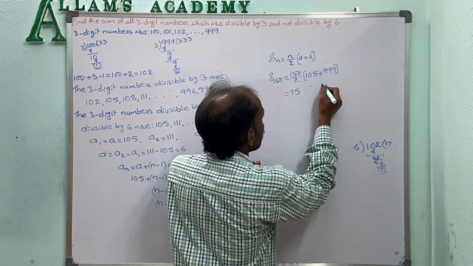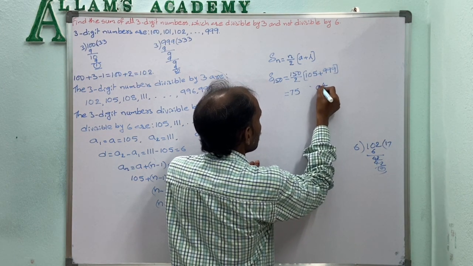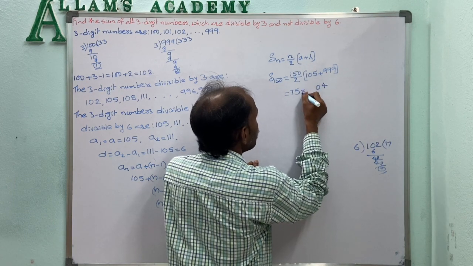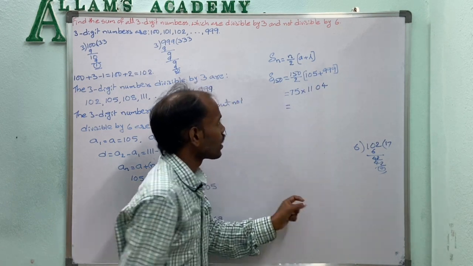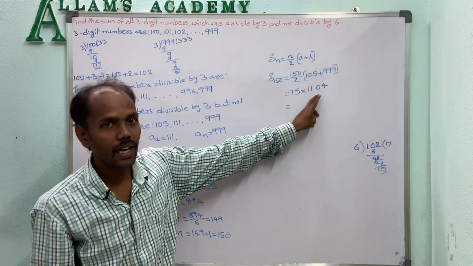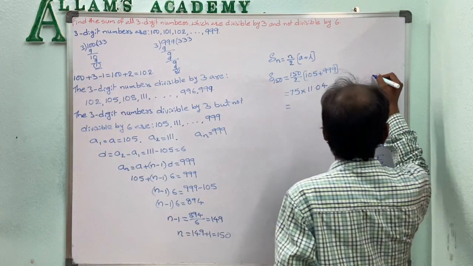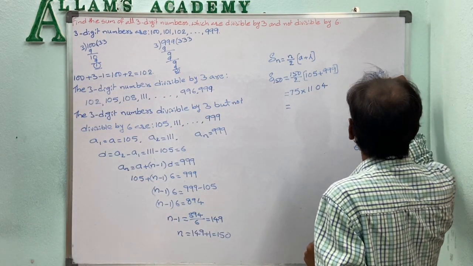So 14, 10, 1104. Now 75 multiplying with 1104 into 75.